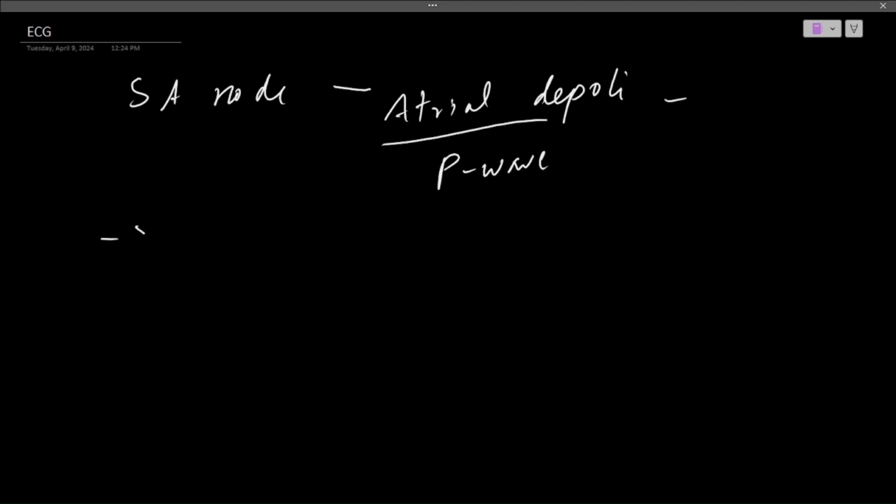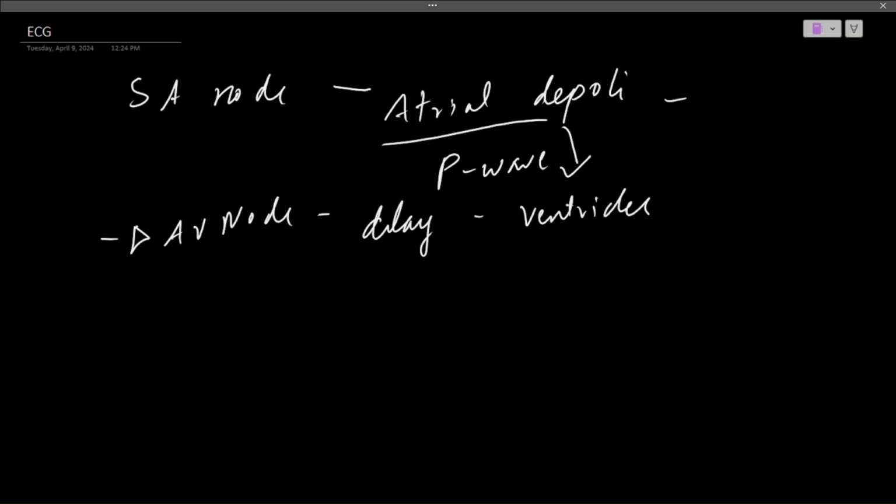Then the AV node causes delay, as we discussed earlier, to give time for the atria to fill the blood into the ventricles. This part is seen by the PR interval.